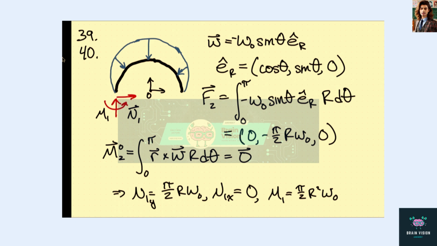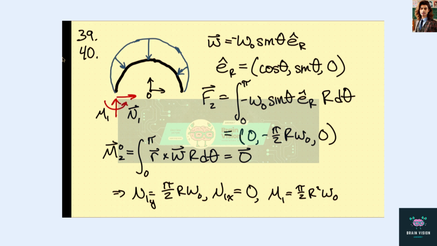Again, if you looked at it from here, if you just took this as the center, this load creates a moment that needs to be counteracted. So that's what we get for the moment here at the clamp.